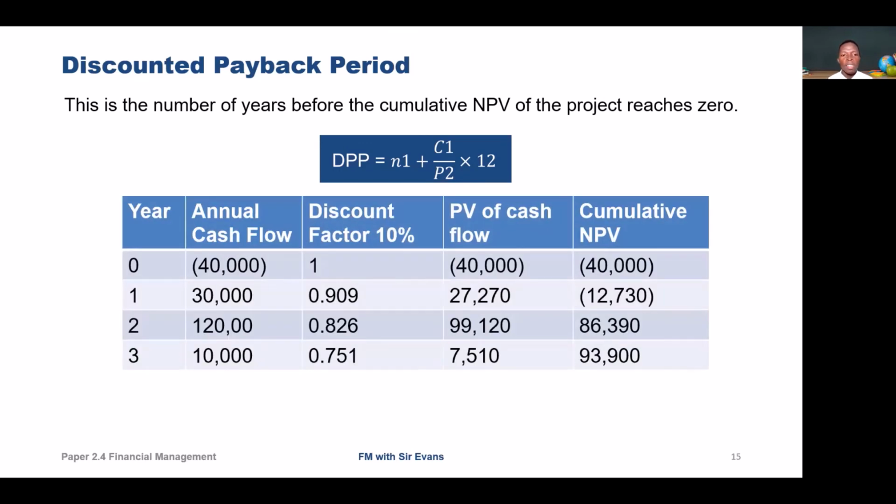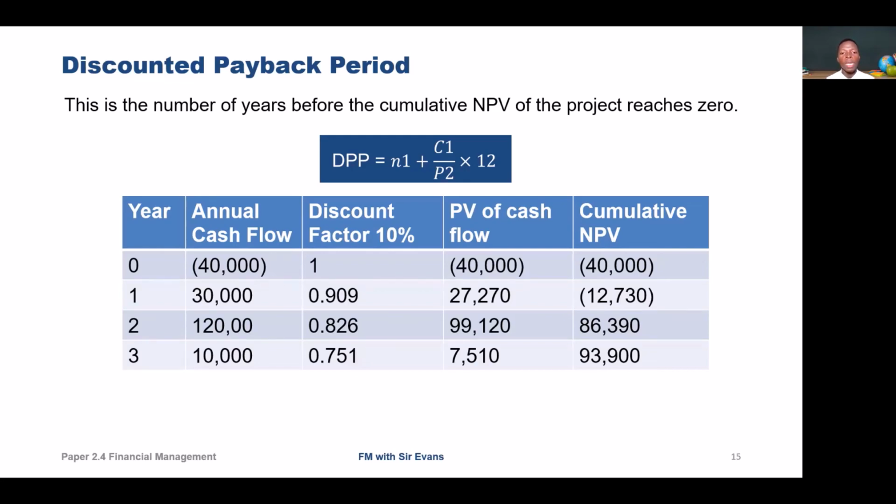So let's say this is our table for discounted cash flow. We have an initial outflow of 40,000 and a discount rate of 10%. So the discount factor for year 0 is going to be 1, and then 30,000 is the cash inflow for the first year, with a discount factor of 0.909. When we do that, we get a PV of 27,270.